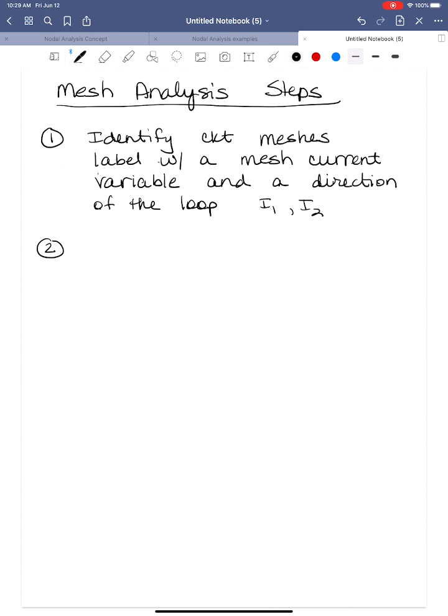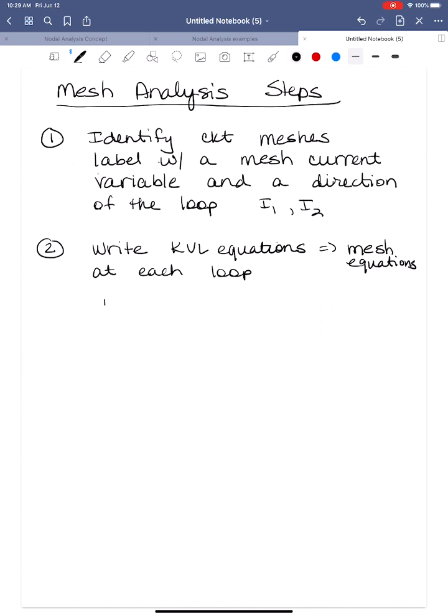So step 2, we are going to write KVL equations, which, again, we are going to call mesh equations from here on out, at each loop. So for each loop, we're going to write KVL equations, and they're going to be in terms of our mesh current variables. Okay, so let's talk about the hierarchy for writing down a voltage.